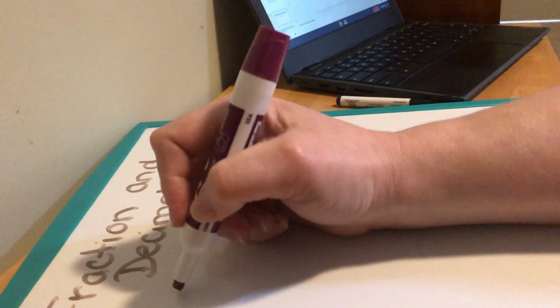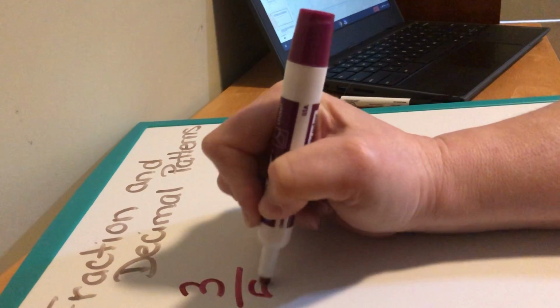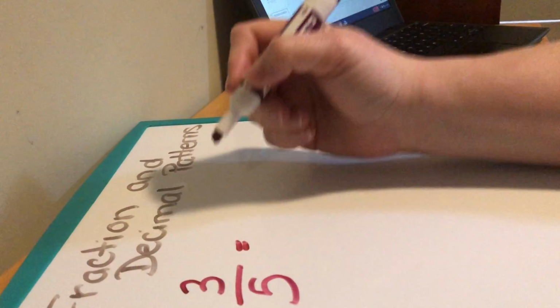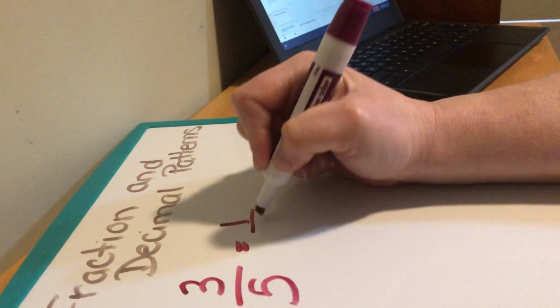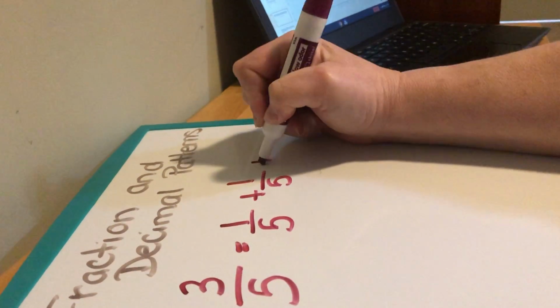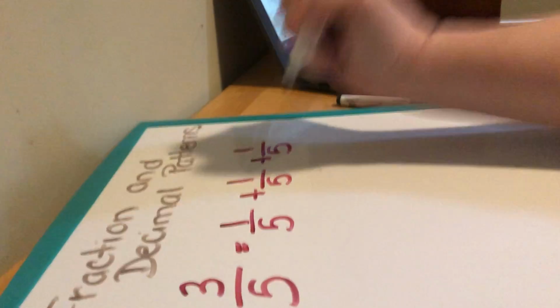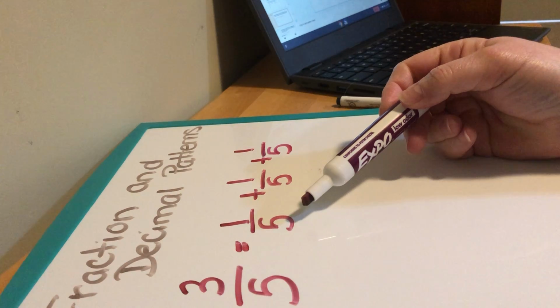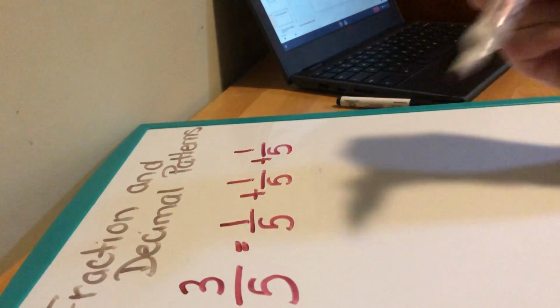So we also know that fractions can equal decimals. If I go back to that fraction of 3/5, using my unit fractions, I know that 3/5 really means 1/5 plus 1/5 plus 1/5. Now I can also take my fifths and translate those into decimals.